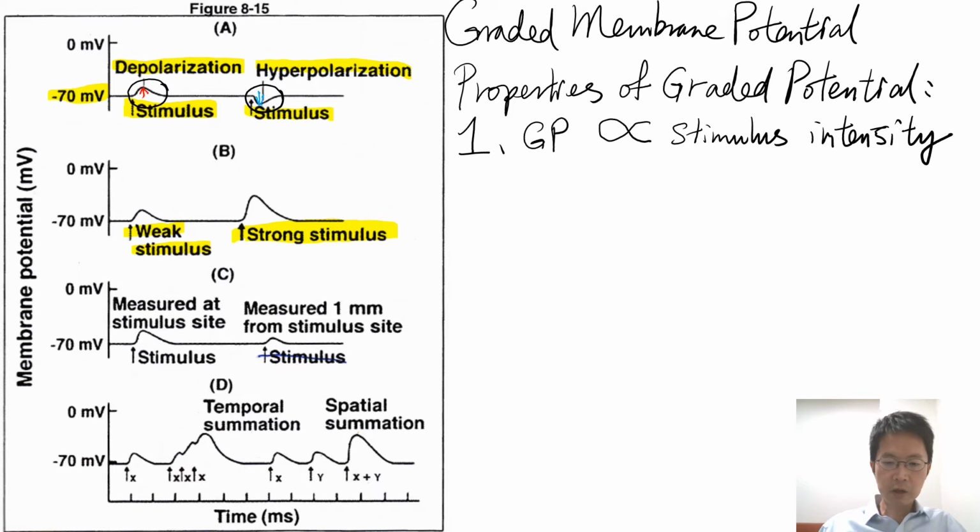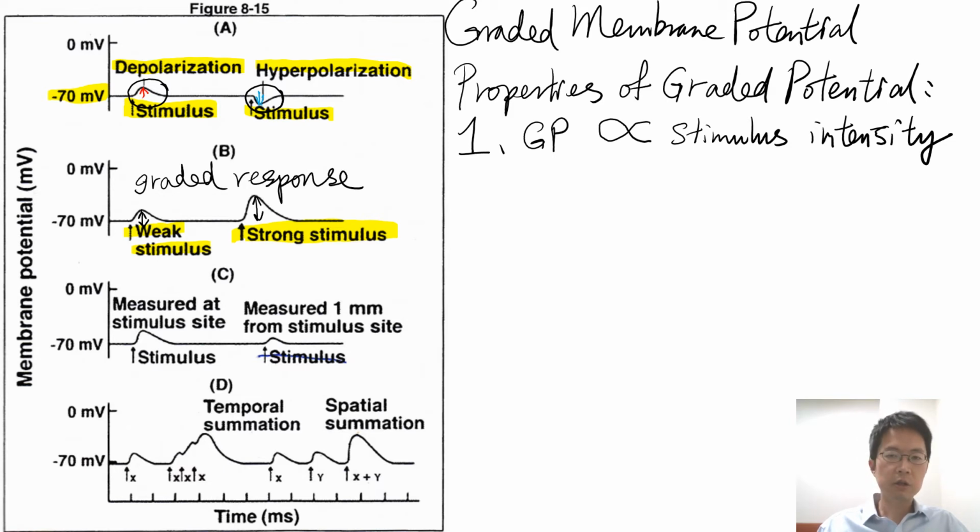Because of that, we call this a graded response. Graded response means that the amplitude of the graded potential, the amplitude here and here, will change according to the intensity of the stimulus.